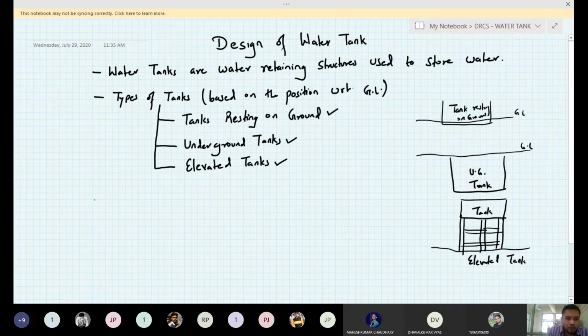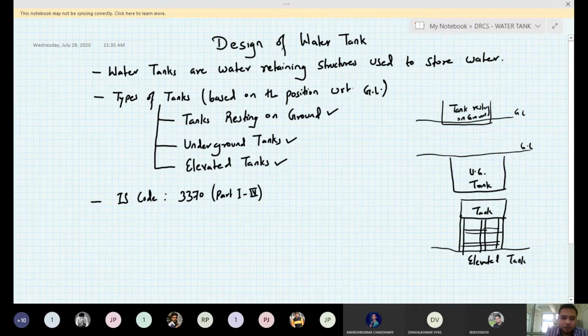Now for the design of these tanks, we will be using the code IS 3370, parts 1 to 4. Okay, there are 4 parts, but we will be using part 1 and 2 only.